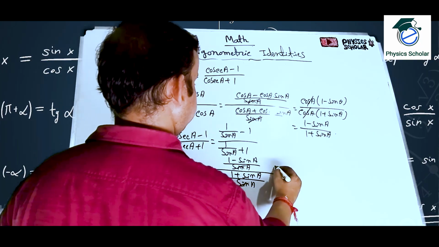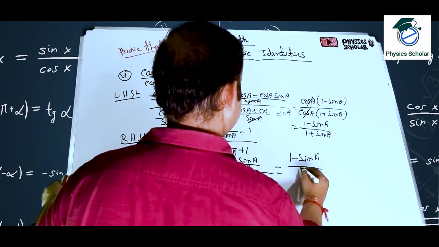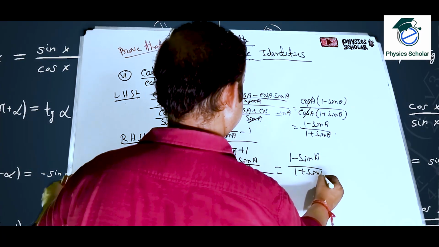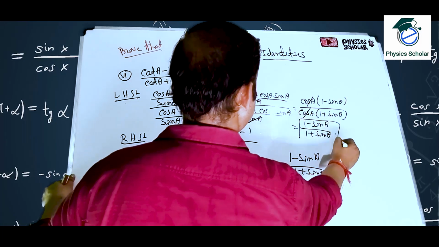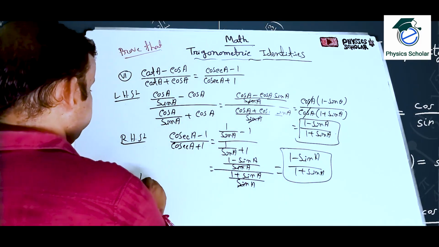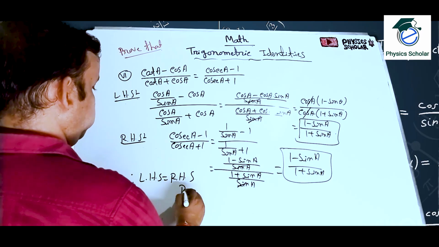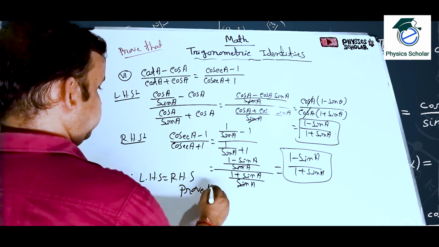So this will be cancelled. So what is that? 1 minus sin A by 1 plus sin A. So you see, both the values are same in left hand side and right hand side. So what you can write? Left hand side is equal to right hand side. Proved. Clear?